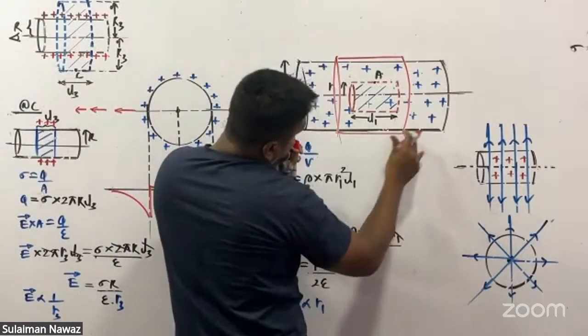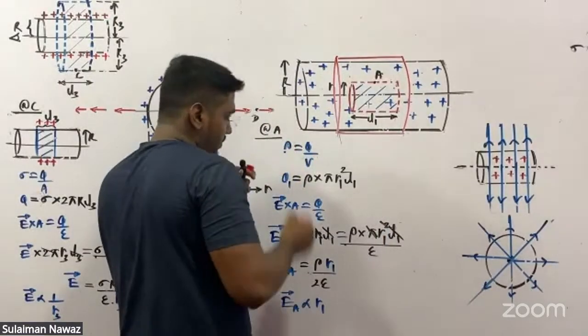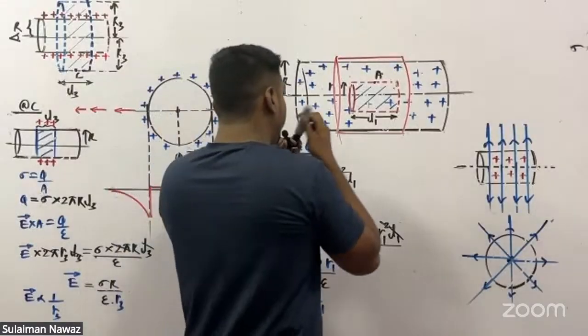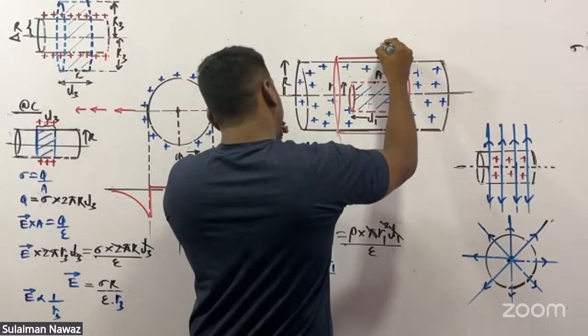The point is going to be point capital B.